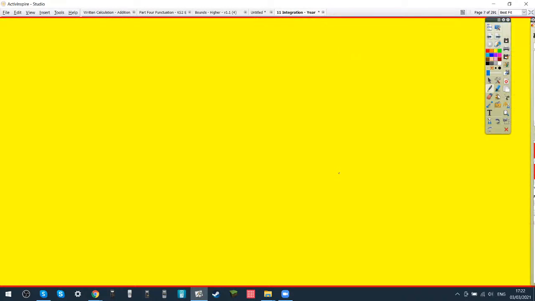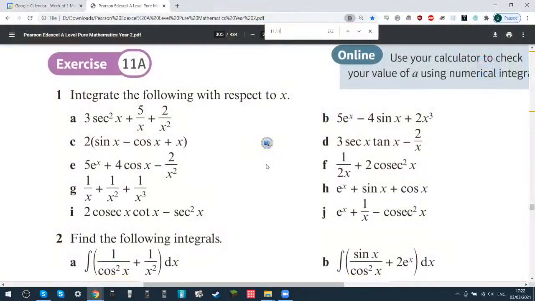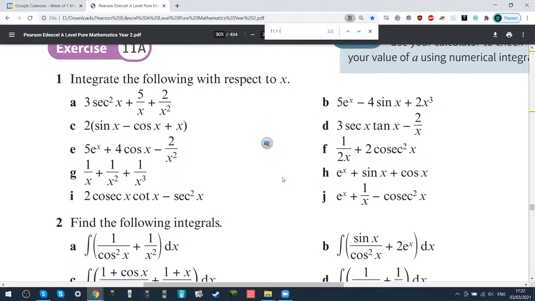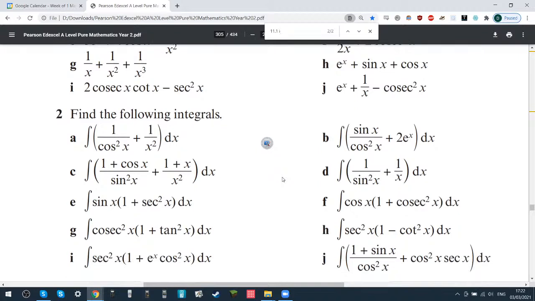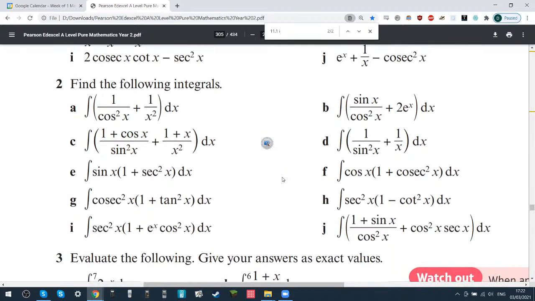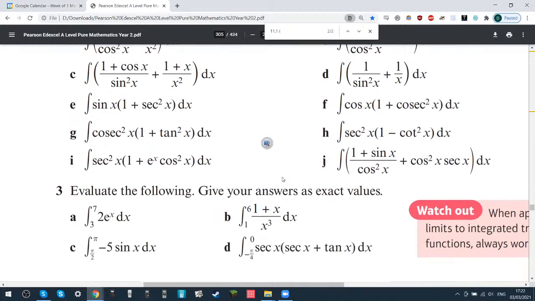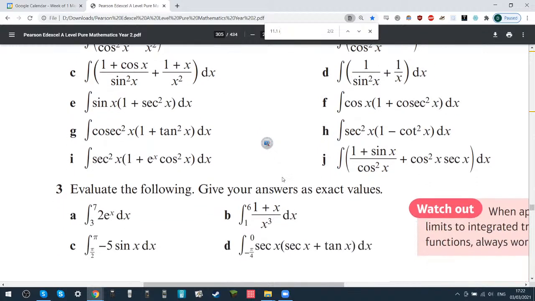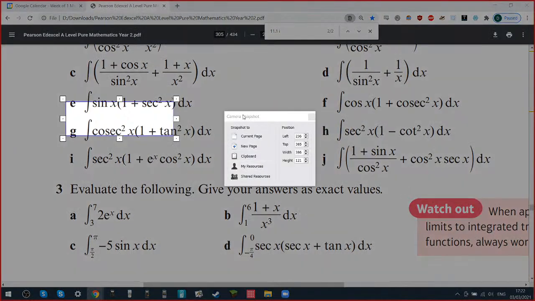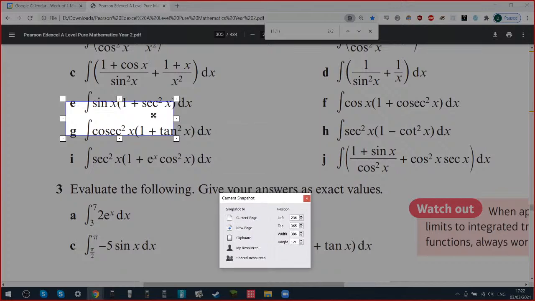Before we move on, let's see. Let's try these.